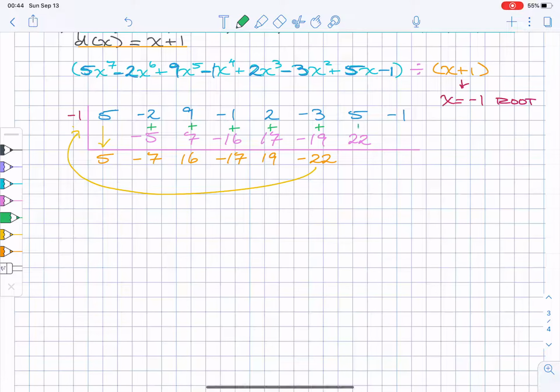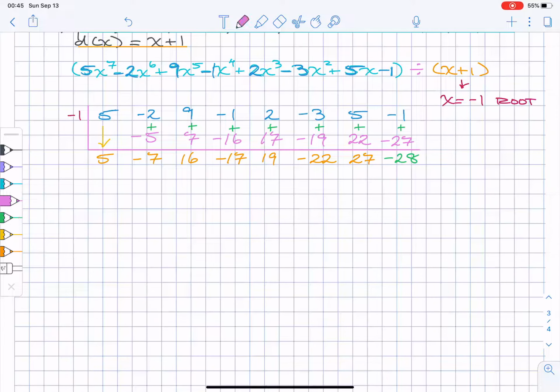I'm going to add this column together. 5 and 22 is 27. Then I'm going to start again. Okay, so 27 times negative 1 is negative 27. I'm going to add these two together. And what I'm going to get then is negative 28. Then I stop.